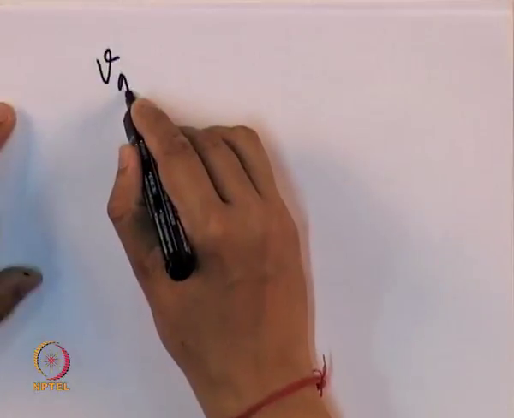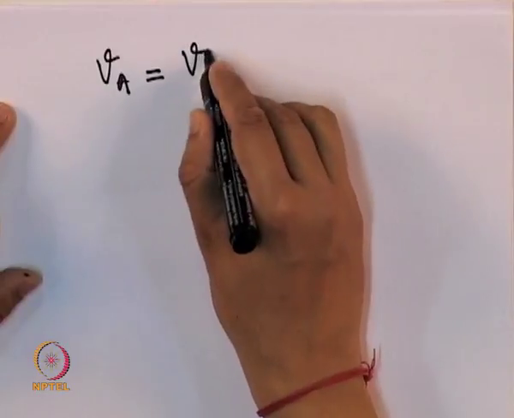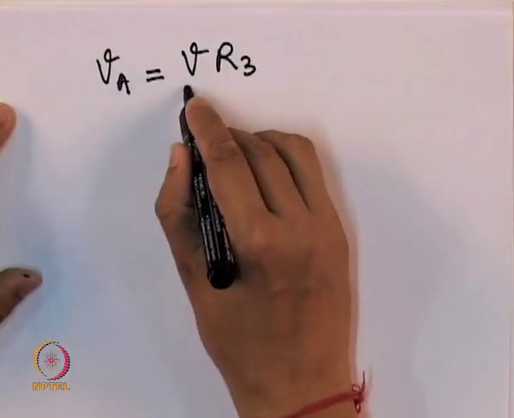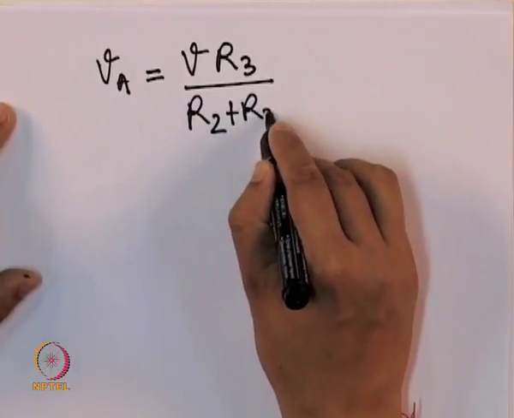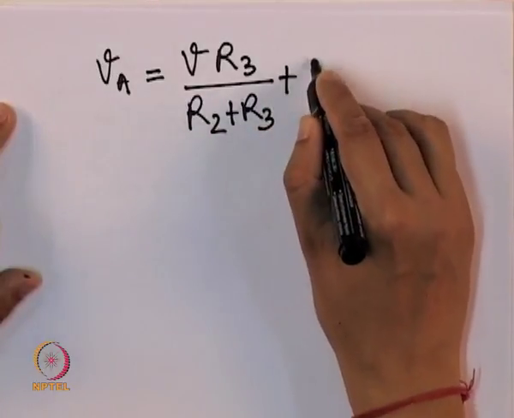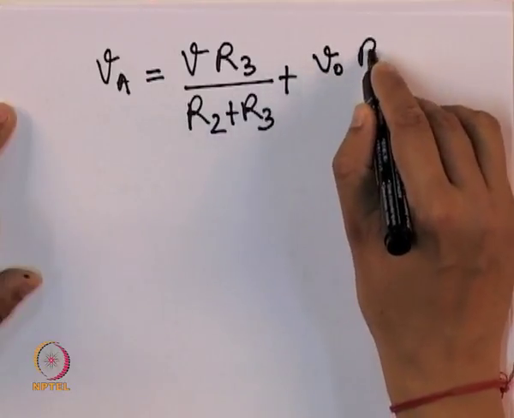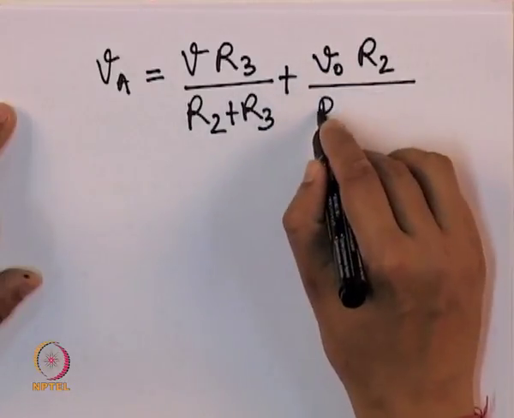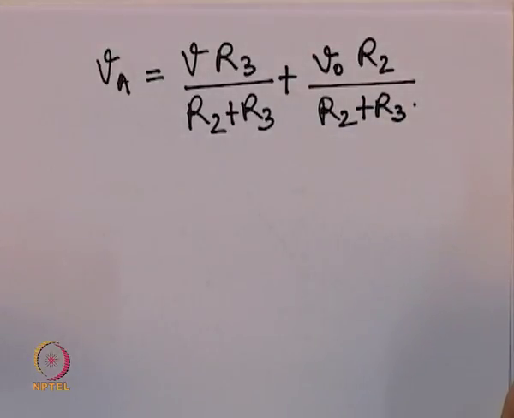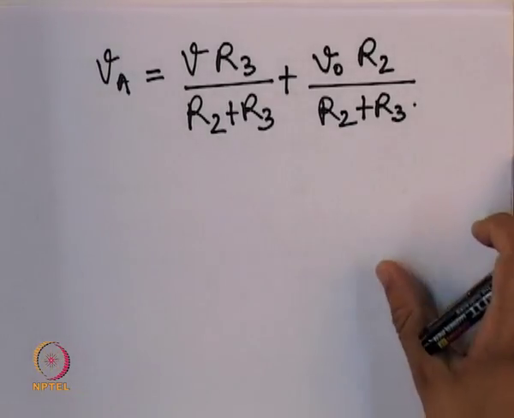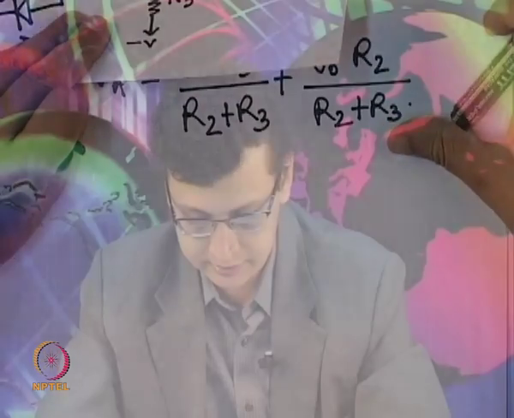So, the expression we get for Va is as follows: Va equals V R3 upon R2 plus R3, plus V0 R2 upon R2 plus R3.